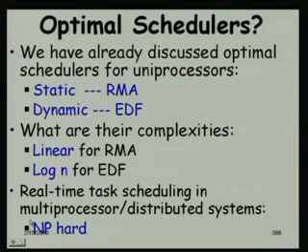But unfortunately, for real time task scheduling on multiprocessor and distributed systems, this is an NP hard problem. It has been proved and papers have been published. If you are interested in how real time task schedulers are shown to be NP hard, you can search on Google, you will find enough papers showing different types of systems and task characteristics and how they have been shown to be NP hard.